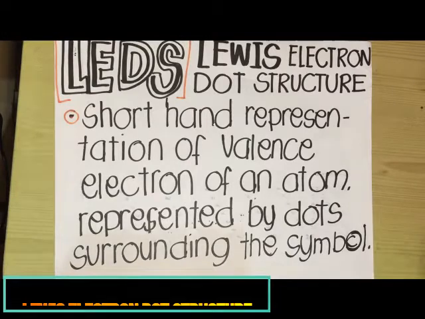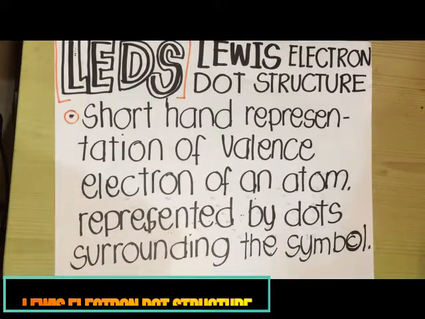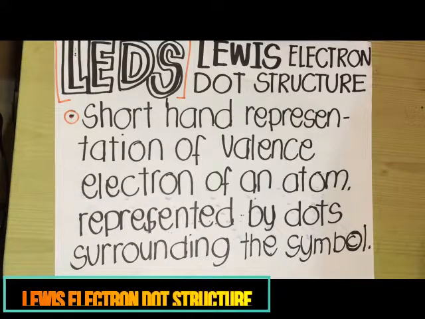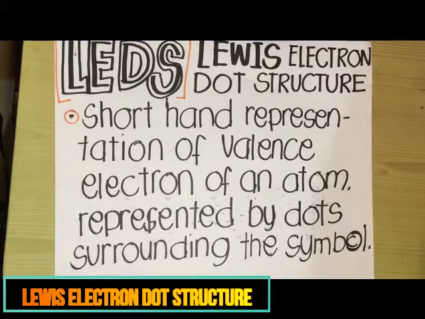Okay. So this time, let's talk about the LEDs or the Lewis electron dot structure. So it is defined as the shorthand representation of valence electron of an atom. It is represented by dots surrounding the symbol.